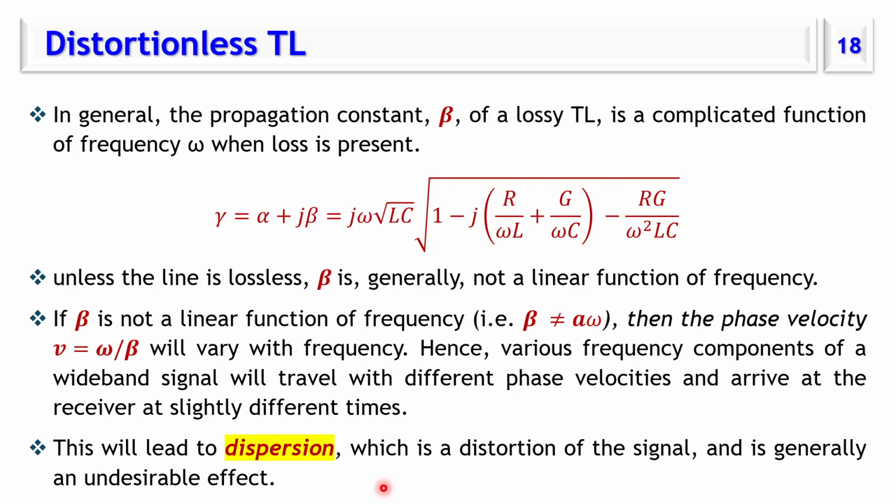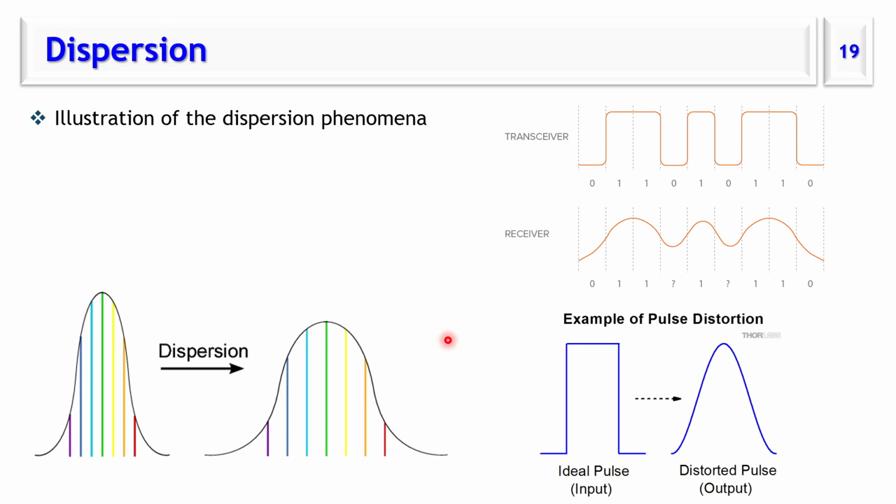So dispersion is a phenomenon that happens on transmission lines and on fiber optics, and it is caused by the fact that signals of different frequencies have different phase velocity. So what happens when we have dispersion? Let us assume that we are sending this signal. This is the shape of the signal in frequency.